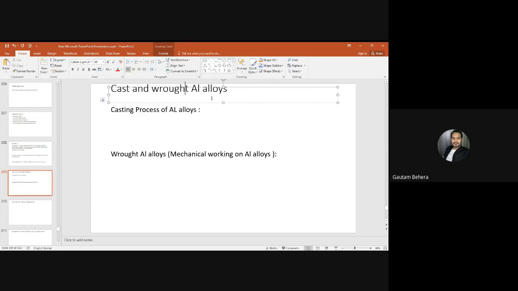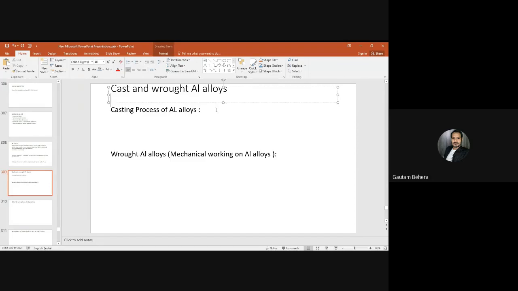They can go through any complicated design of the mold, and you can produce any intricate structures. Wrought aluminum alloys means you have to plastically deform them, and you can give a shape and use it.